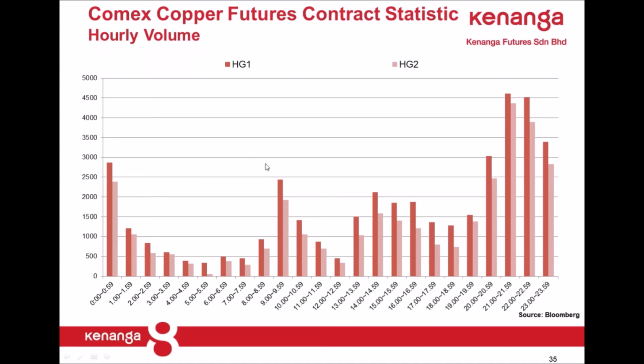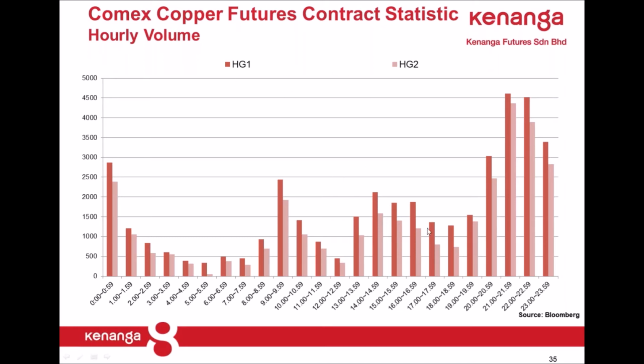As you can see, if you are worried that during Malaysian time the volume is not active, that is not very true. In fact, around Asian hours, the volume is there for you to trade. It can easily hit about 500 lots on an hourly basis for both.